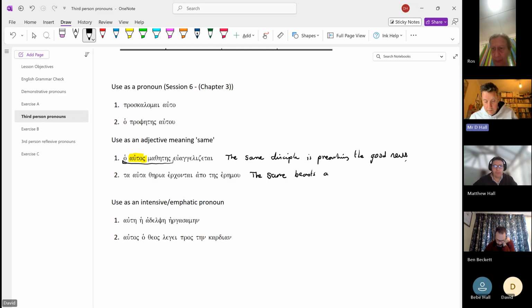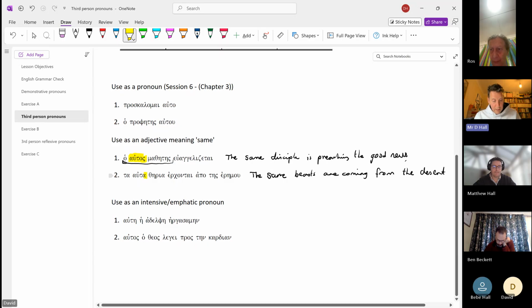All right, so that is erkomai, which was one of those deponent verbs we used before. So the same beasts are coming from and then the desert. So taste Eramu is another one of those nouns of confusing genders. It's got masculine endings, but it's a feminine noun. That's not our point here. The point is that we stick in the pronoun in between the noun and the article, and it means the same.